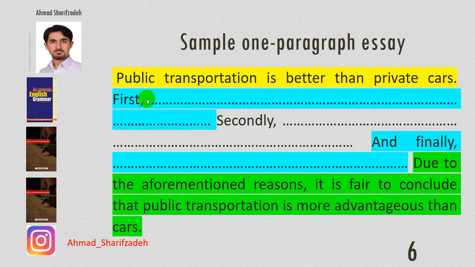You should put three reasons that public transportation is better. Then this is a practice for you, and you can put three reasons here to prove that the first sentence is correct. Okay, you have to do this practice and send me the written text, and I will try to check all of them one by one and help you learn better.